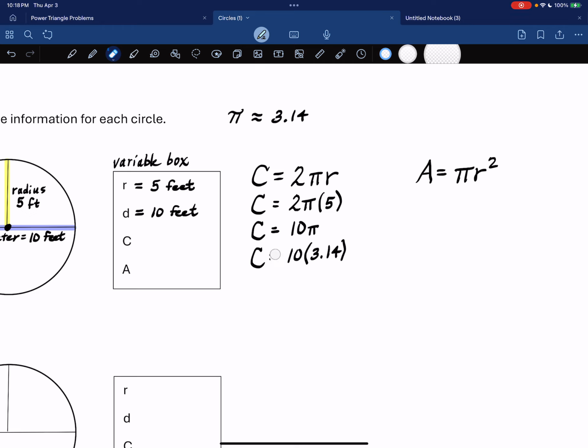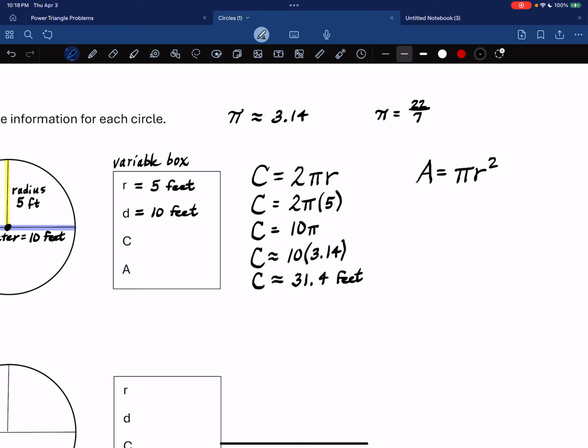If you need an exact answer, you would use pi as 22 over 7, the fraction. But I just need an approximation. So 10 times 3.14, since that pi 3.14 has been rounded, I'm using the approximation. So this is about 31 4/10 feet.